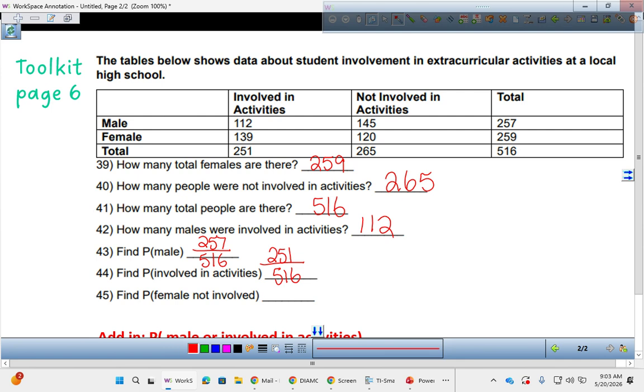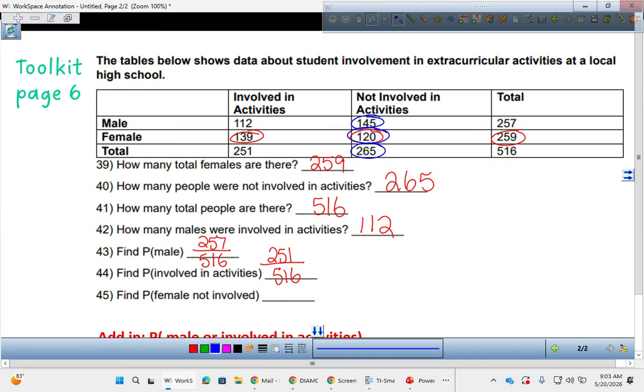Female not involved. So I want to see where the females, there's 259 of them, meet the not involved, there's 265 of them. Where those two categories intersect is at that 120. You can see I circled that one twice.